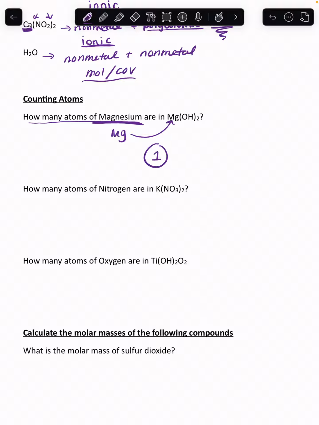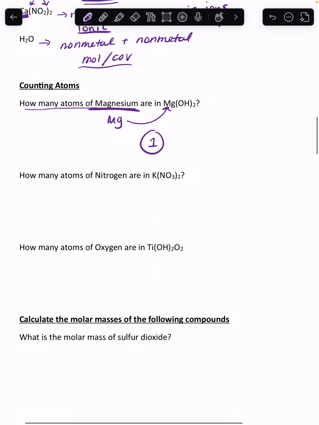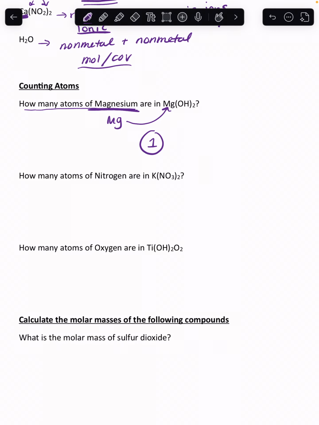It's vibing. The next one, how many atoms of nitrogen are in KNO3? Potassium nitrate. That's an important one. Keep it in your minds. Okay, good question. So remember, I'm going to rewrite it down here.